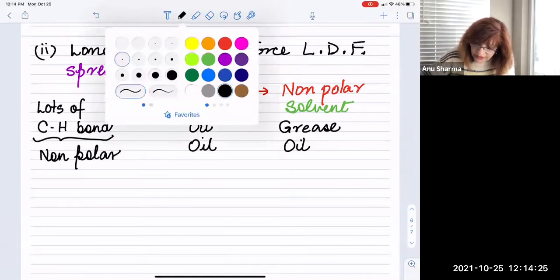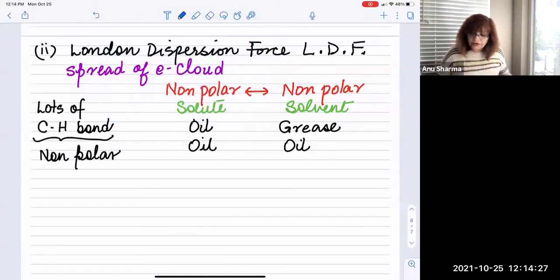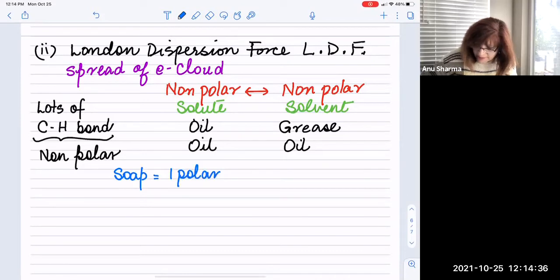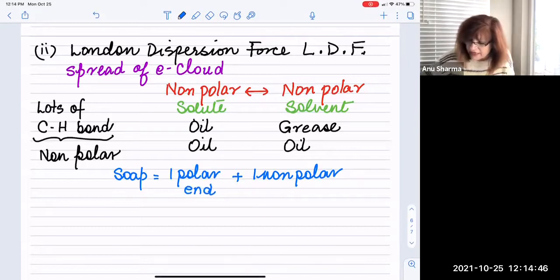Even though, for example, soap has one polar end and one non-polar end. So what happens?